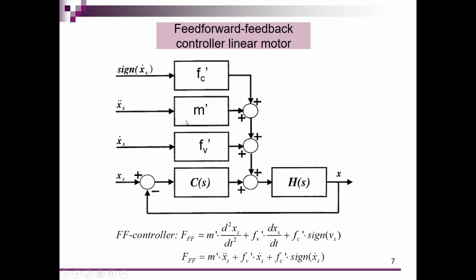The input of my mass is the set point acceleration, and the input of my damping coefficient, so the estimated Fv, is the speed set point. And the outputs of these three parts are added all up and added to the output of the feedback controller over here. So now we have a block diagram of how we could implement that feed-forward controller.